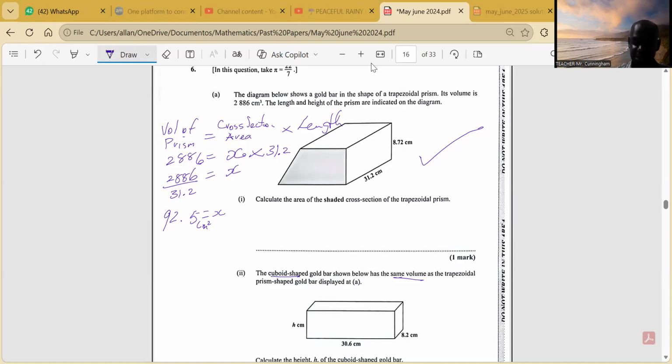You could put the answers in the chat. Give me the height to 1 decimal place. It works out nicely. The height of the cuboid, everybody.